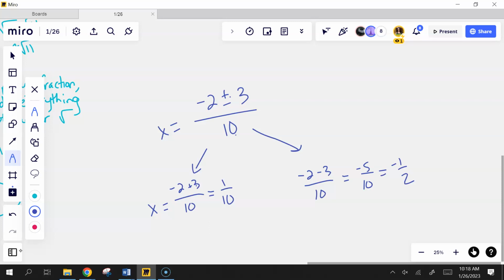Let's do one of the ones that you did completing the square and show you how it goes back.